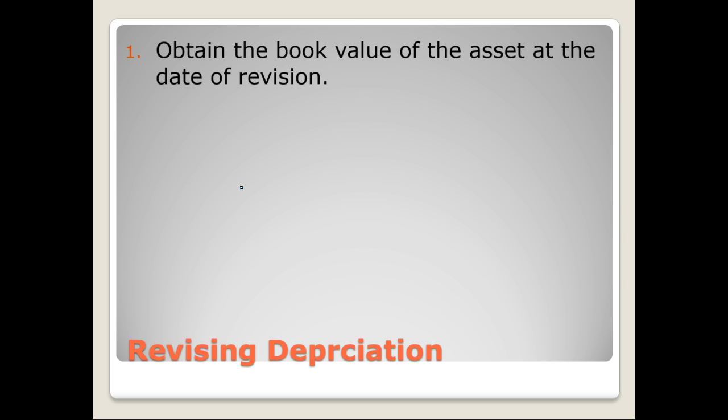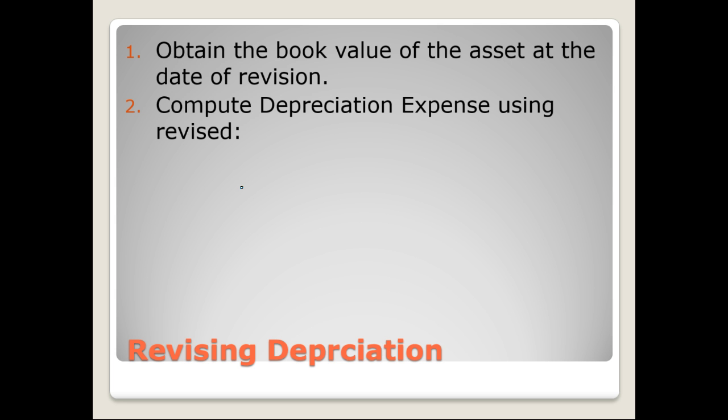First, we need to obtain the current book value of that asset at the date you are revising the asset value, which means you've got to find out exactly how much that asset is worth on the books. That means the original cost minus all the accumulated depreciation as of that date.